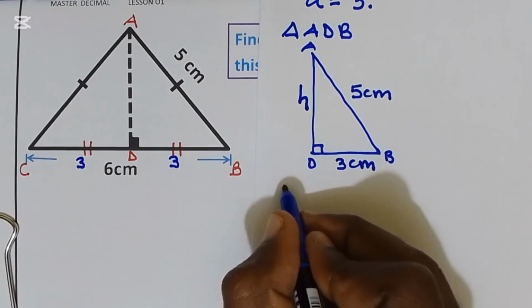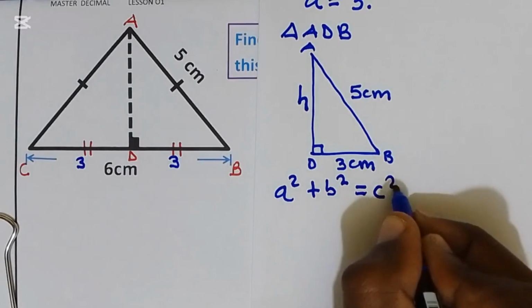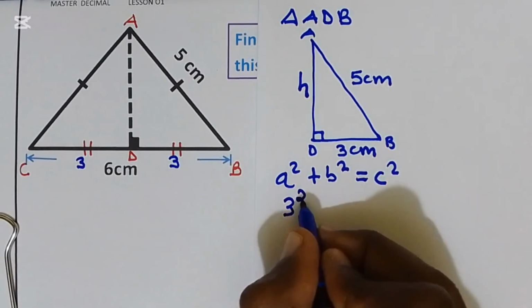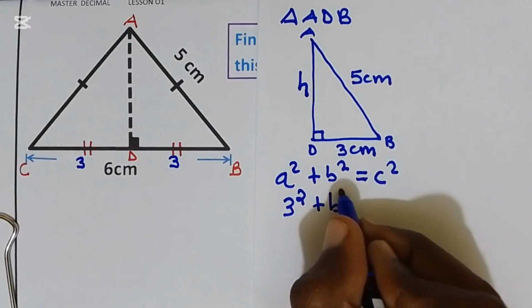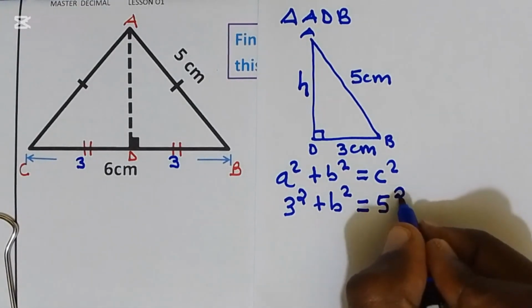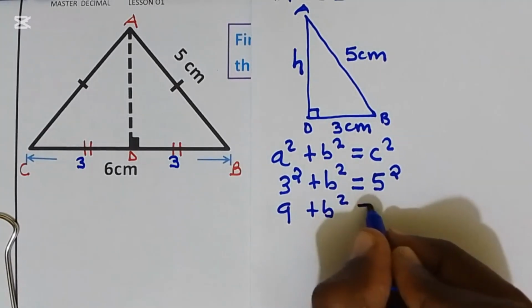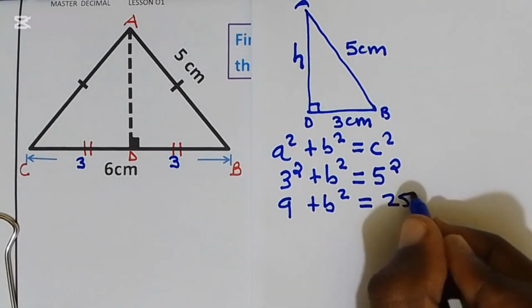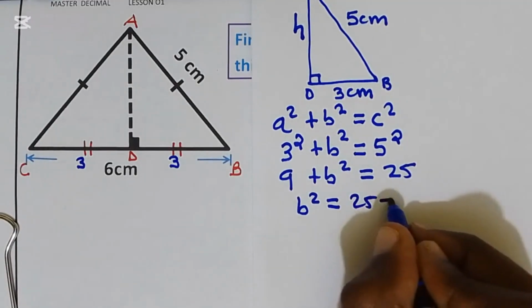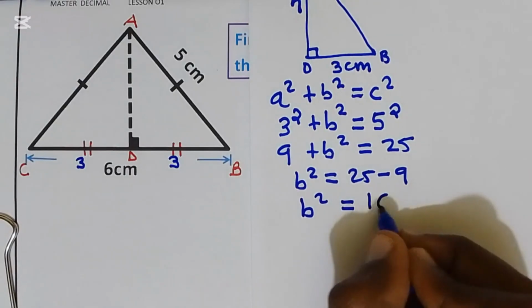We know a squared plus b squared is equal to c squared. a is 3, so 3 squared plus b squared, and c is 5, so this is equal to 5 squared. 9 plus b squared is equal to 25. b squared is equal to 25 take away 9, so b squared is equal to 16.